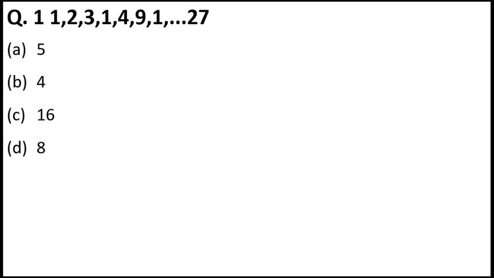What you have to do is, the first numbers are just as they are, 1, comma 2, comma 3. The next numbers are the square of 1, the square of 2, and the square of 3. The next three numbers are the cube of 1, 2, 3. The cube of 1, the cube of 2, and the cube of 3. So the cube of 3 is 27, the cube of 1 is 1, so the missing number becomes 8.